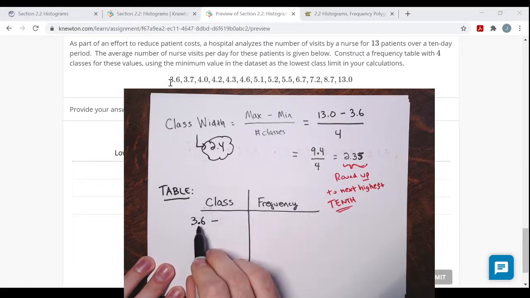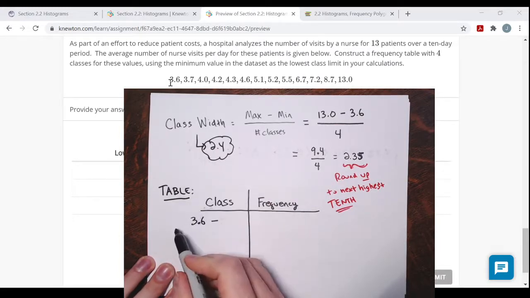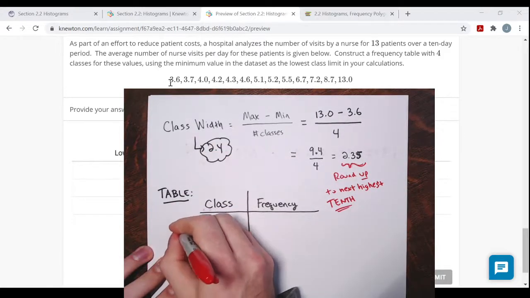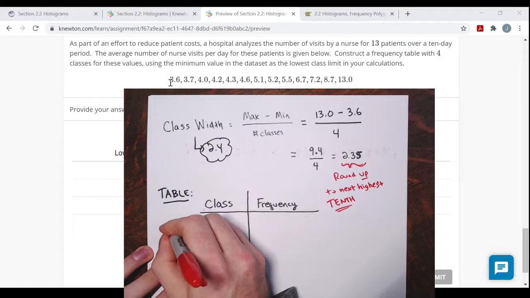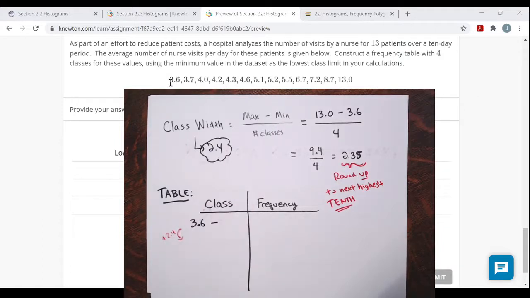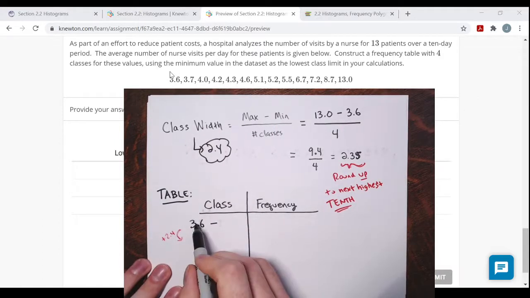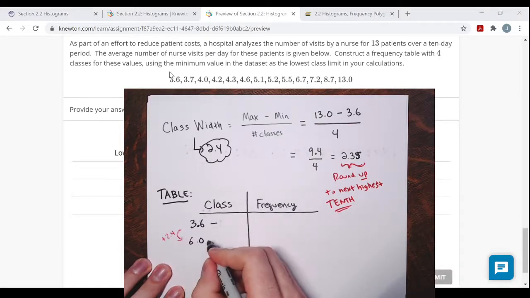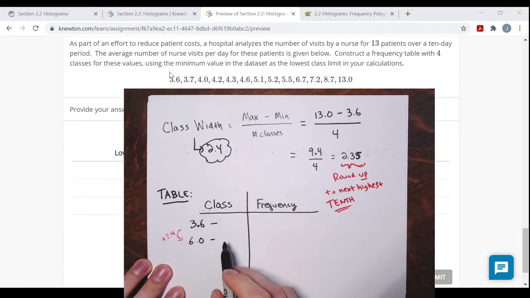So from 3.6 to blah, and then I just keep adding the class width, plus 2.4, to get the next lower class limit. So 3.6 plus 2.4 would be 6.0 to blah. Again, I'm not doing the upper class limits yet.